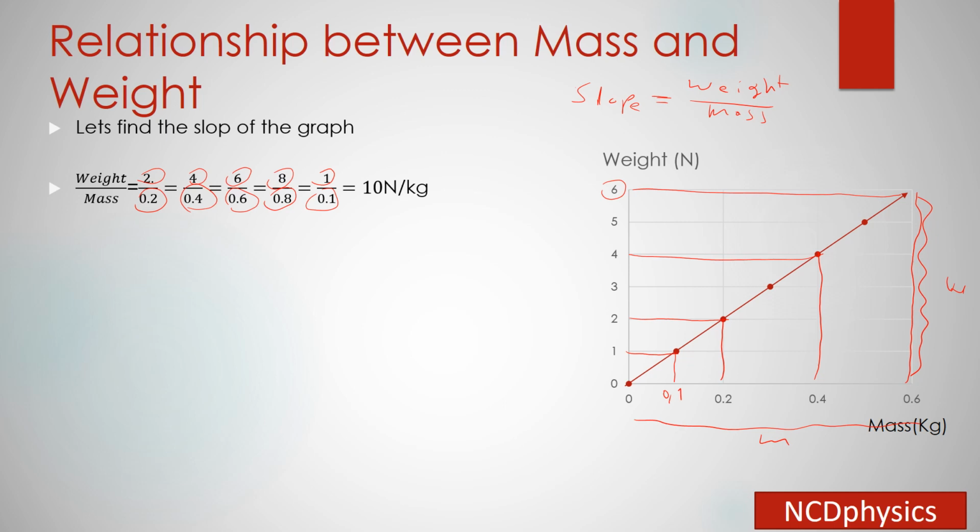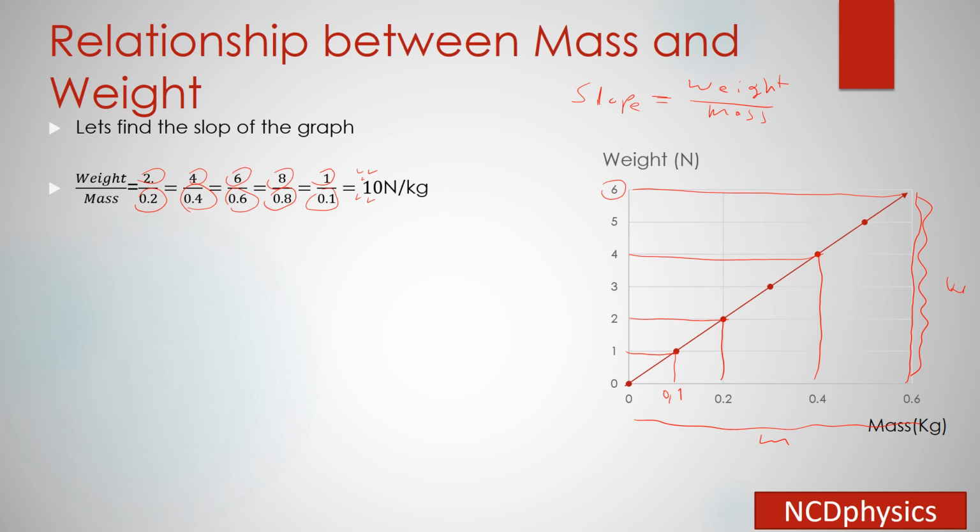So you see, 2 over 0.2 is equal to 10. 4 over 0.4 is equal to 10. 6 over 0.6 is equal to 10. 8 over 0.8 is equal to 10. 1 over 0.1 is also equal to 10.